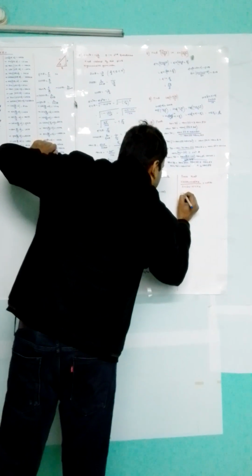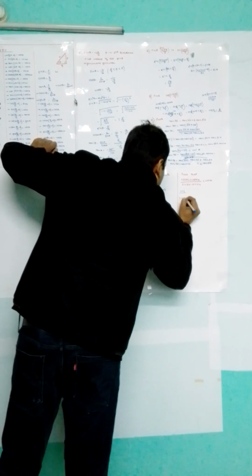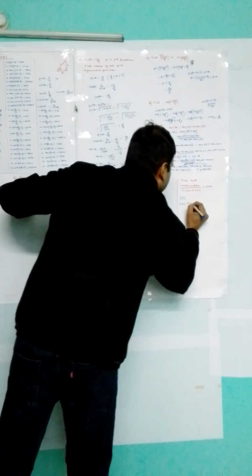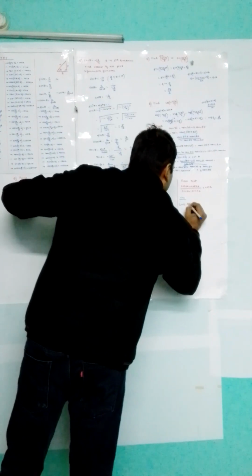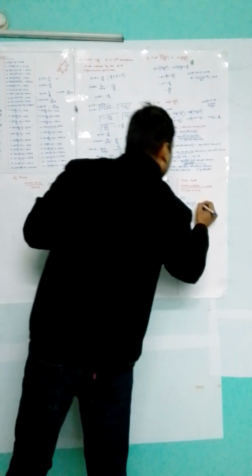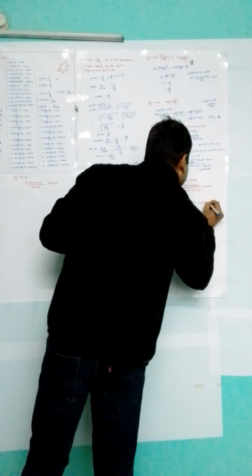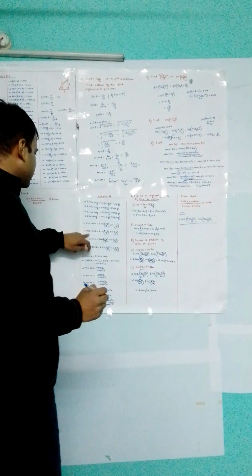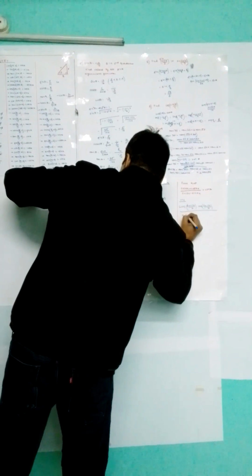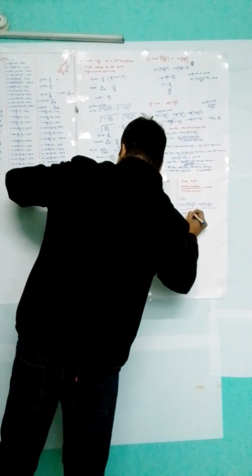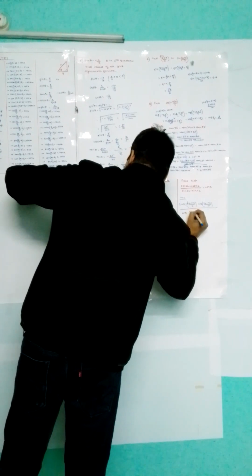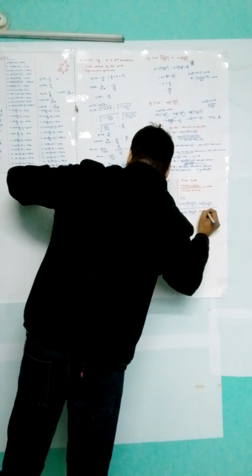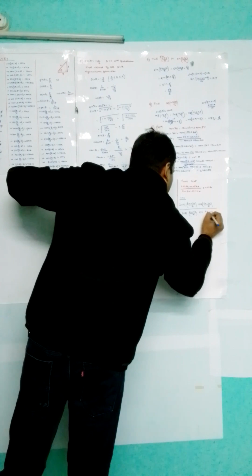Taking the LHS, no need to write it again, 2 cos((6x plus 4x)/2) cos((6x minus 4x)/2) upon 2 cos((6x plus 4x)/2) sin((6x minus 4x)/2).